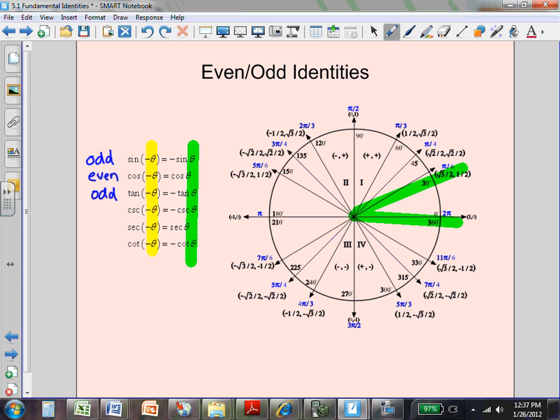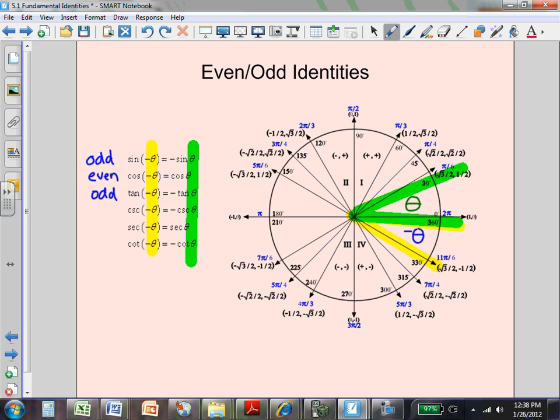This is our theta that we're dealing with. Now, if that is theta, then the opposite of theta is just going in a different direction. So there's our opposite of theta. The right-hand side of your identities is dealing with the green, and the left-hand side is dealing with the yellow angle. They're just in opposite directions.